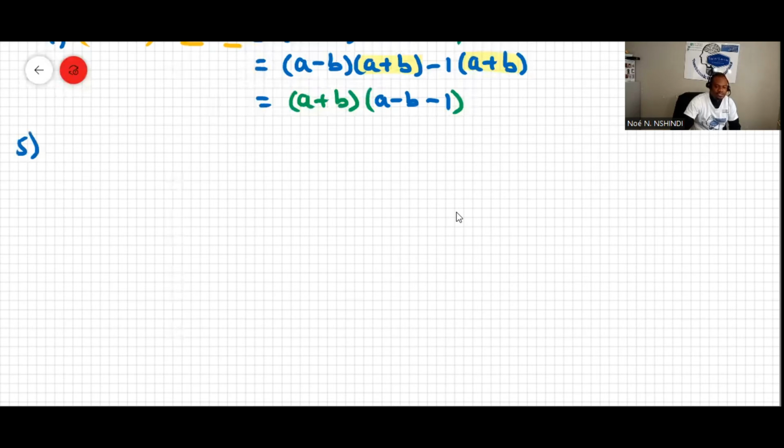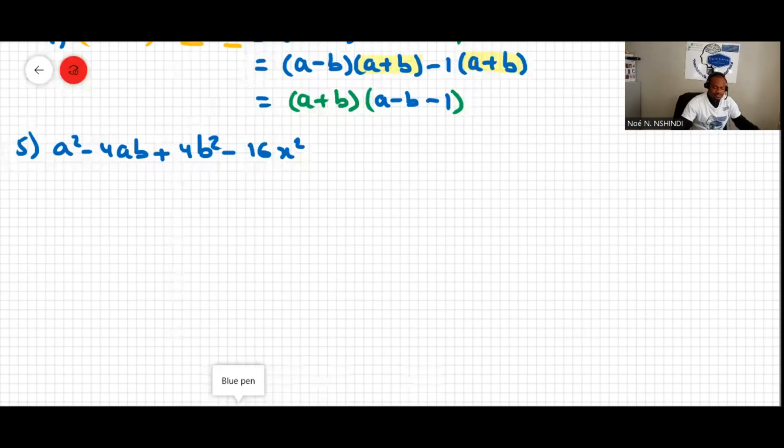Question 5 was a squared minus 4ab plus 4b squared minus 16x squared. Okay. Now, what does it mean then? We will take the first 3 terms together, and then this one take it also as a term. We're gonna group the first 3 and leave the last one term.